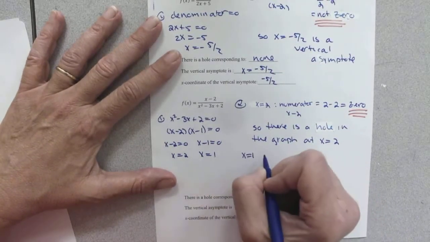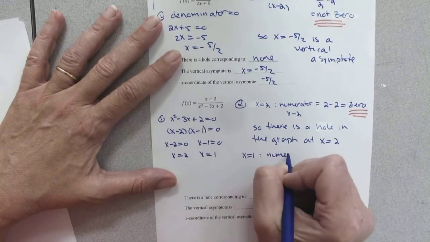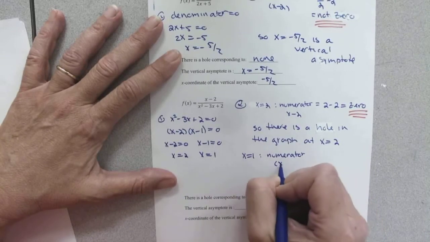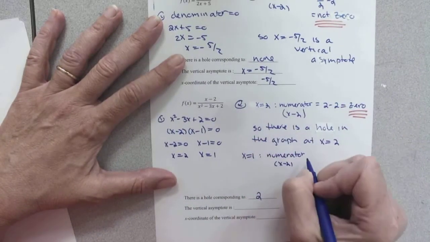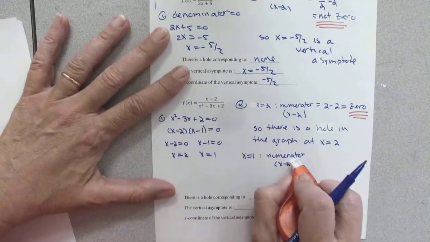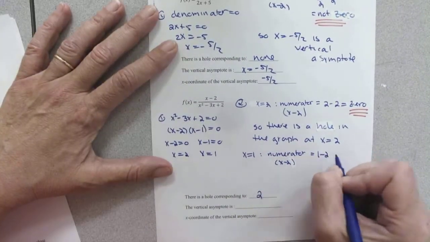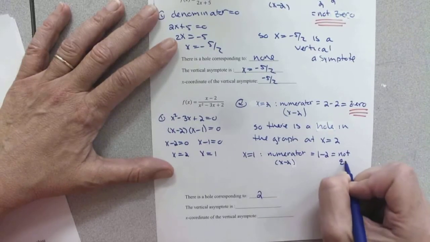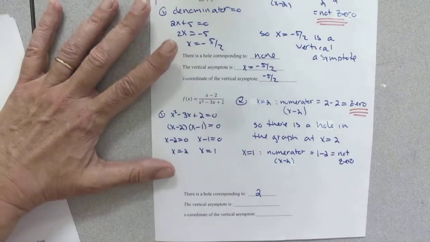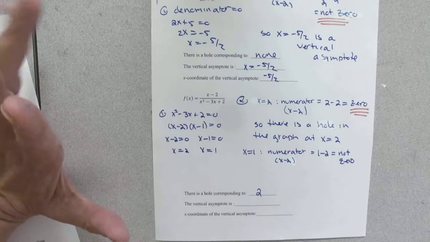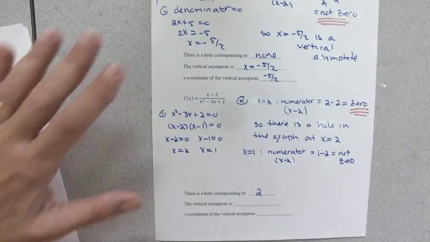Then at x equal 1, my numerator, which happens to be x minus 2, is going to give me 1 minus 2, which is not 0. I don't care that it's negative 1. All I care about is it's not 0.